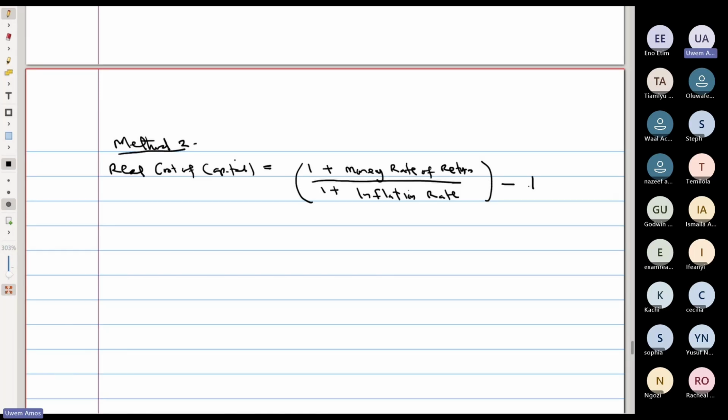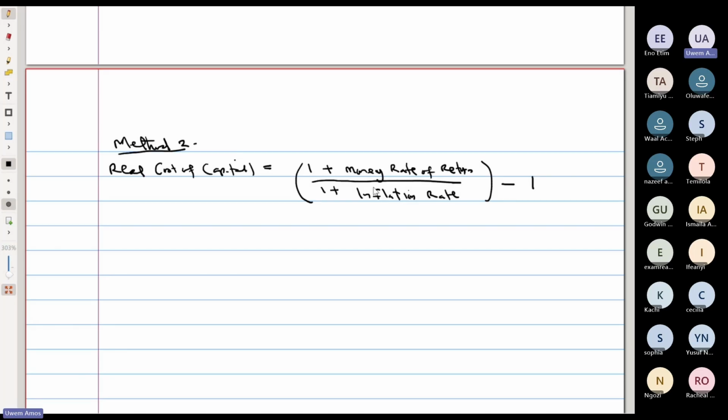Now, if you are given the real rate of return and you want to calculate the money rate of return, just fit the real rate of return here and find the missing value. That's what you do.